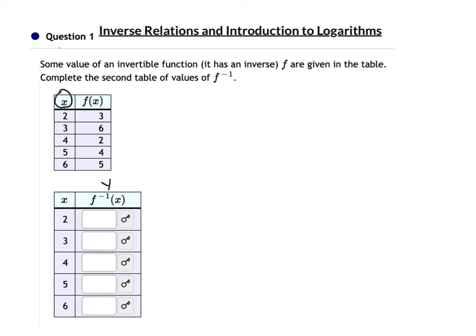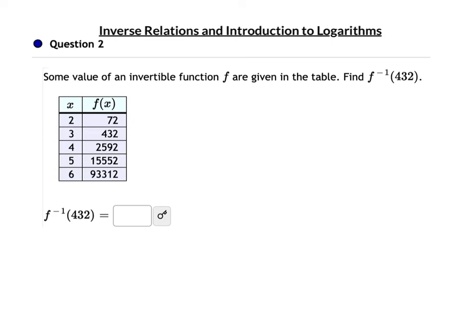They rearrange the order. 2, 3 becomes 3, 2 in the inverse. Oh, that's right there. 3, 6 becomes 6, 3. And 4, 2 becomes 2, 4. And 5, 4 becomes 4, 5. And 6, 5 becomes 5, 6. Changing the order, that was very sneaky.